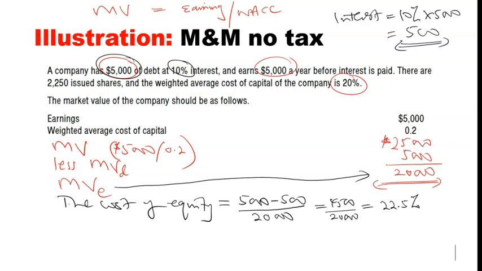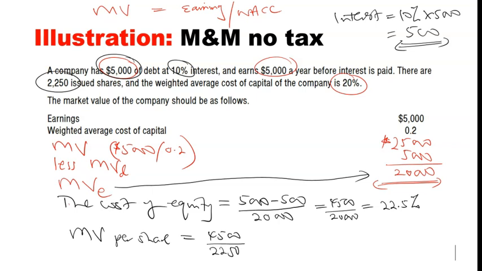Now what about the market value of the share? The market value per share. This one is given by 4,500, okay, over the number of shares issued, 2,250. Okay, $4,500 over 2,250. All right, and remember this.